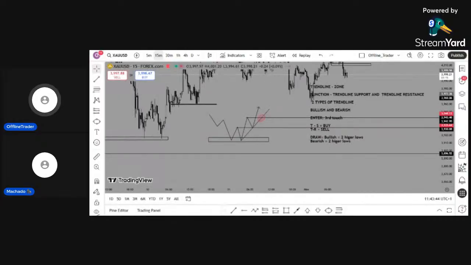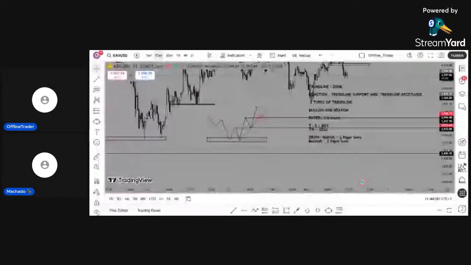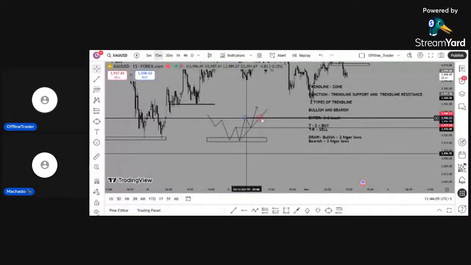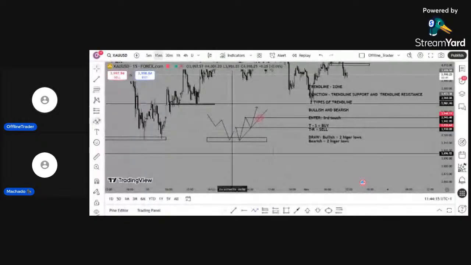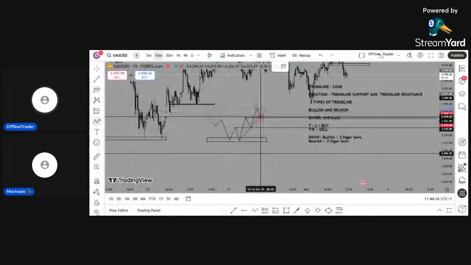Okay. Did you understand what I just did right now? Exactly. That's good. So as you can see, the trend line is intersecting with our support. This resistance that turned to support is intersecting with the trend line, and we need the third touch, which means the market should retrace back to this point where the trend line and the support intersect to give us a new higher high.